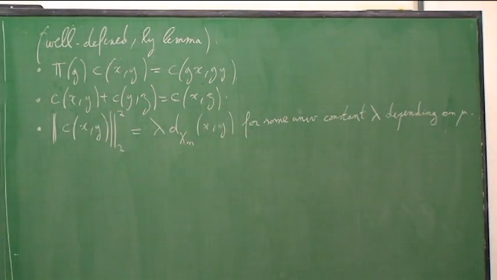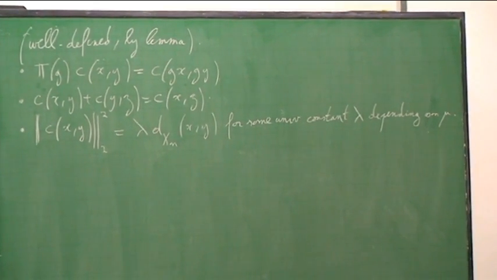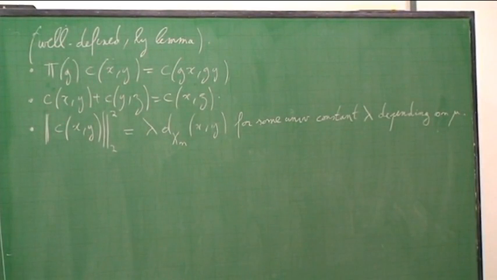And this is an interesting fact. It means basically that you can recover the hyperbolic distance between 2 points by measuring the hyperplanes which intersect the geodesic.